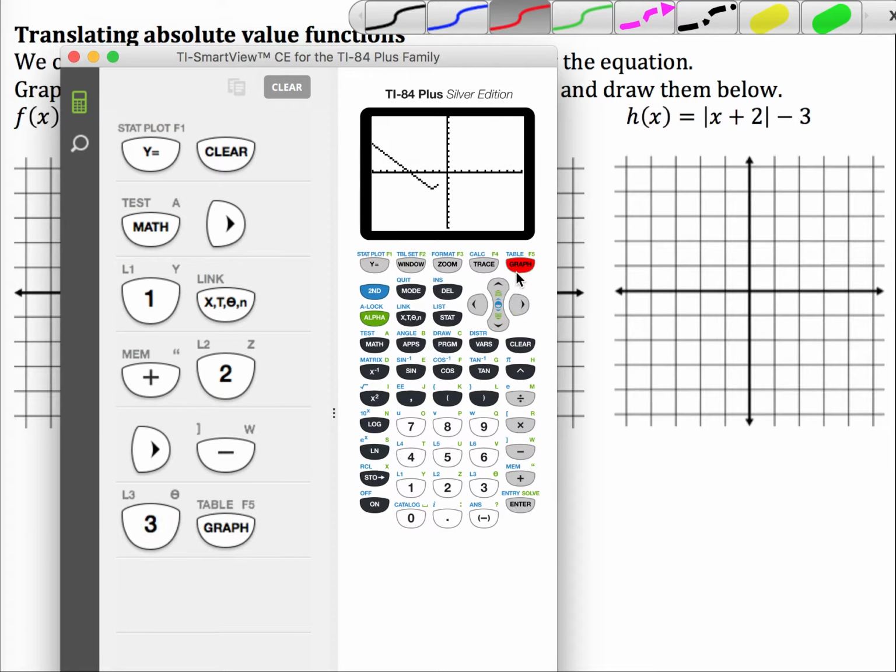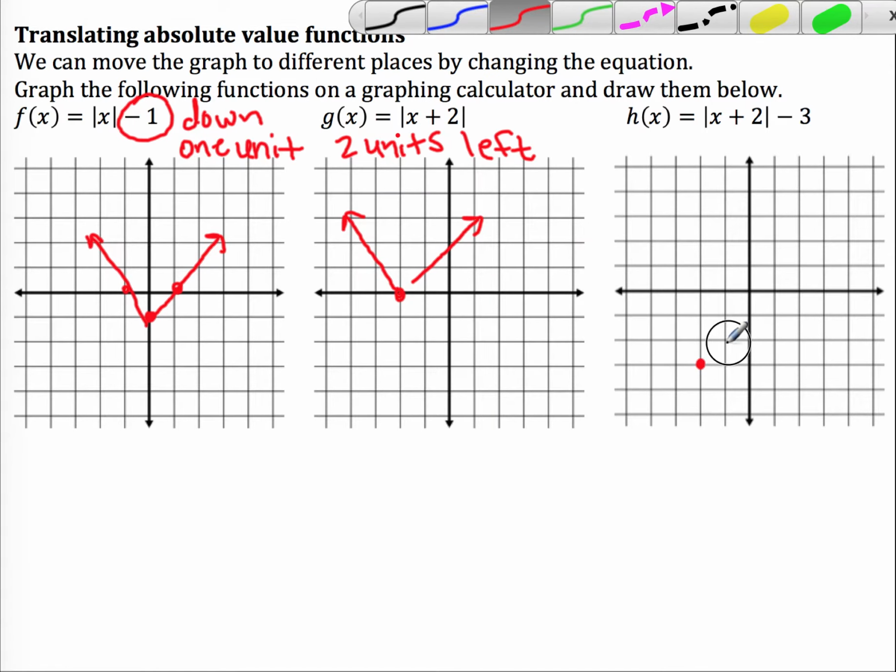Then you can hit graph. So we moved 2 units now to the left and down 3 units for a new vertex here. We can go ahead and write that down. So 2 units left and 3 units down.